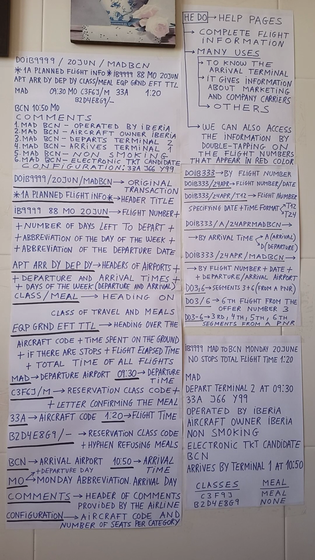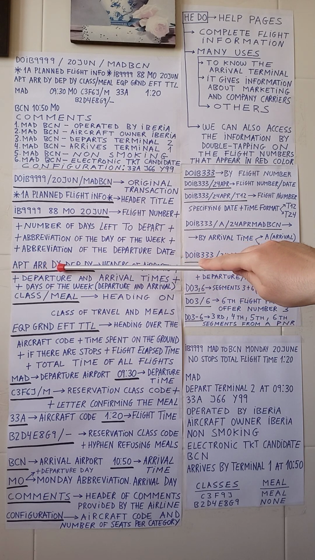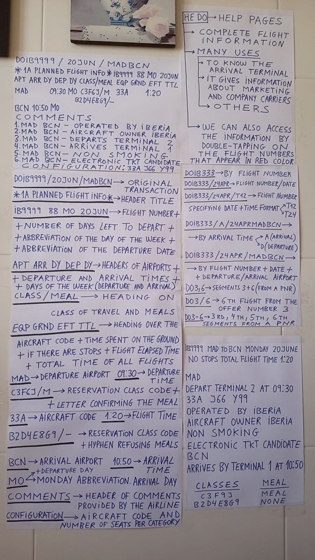Let's go for the first titles, which in this case are APT, ARR, DY, DEP, DY. APT is the abbreviation used to designate the airports of departure and arrival. ARR is the abbreviation used to describe the time of arrival. DY, we see it twice.